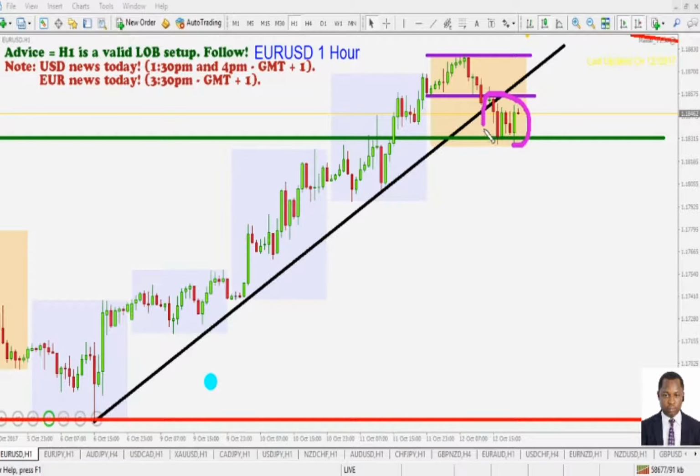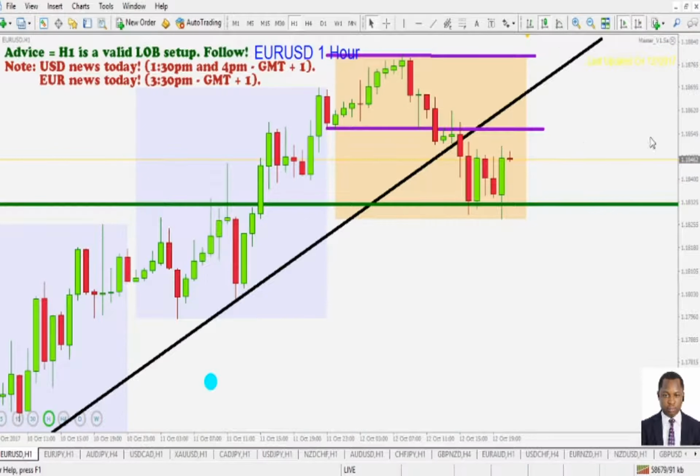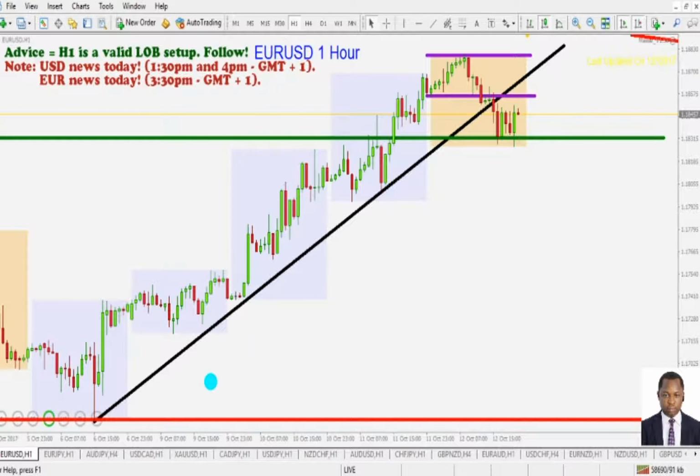See the type of candles we are getting here. In fact, the breakout candle gave an indication that we don't have much momentum to the downside. See the breakout candles? That's a poor breakout quality. That is an indication that we don't have enough volume to the downside. The euro against the American dollar remains bullish, and I am sure this is an area you want to be looking for a buy opportunity with this pair.